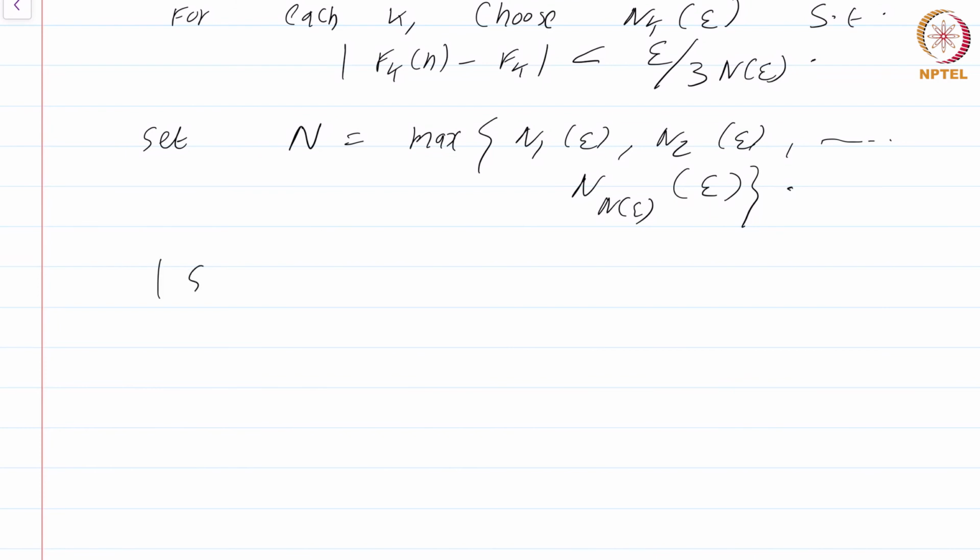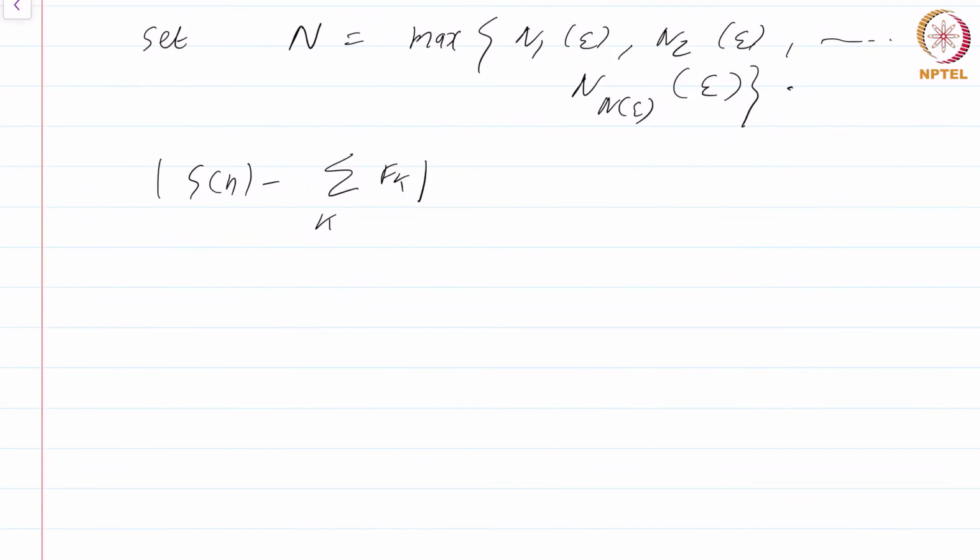We wanted mod S_n minus summation over k of f_k. Right? This is what we wanted. But S_n is actually just summation over k of f_k^n, minus the sum over k of f_k.